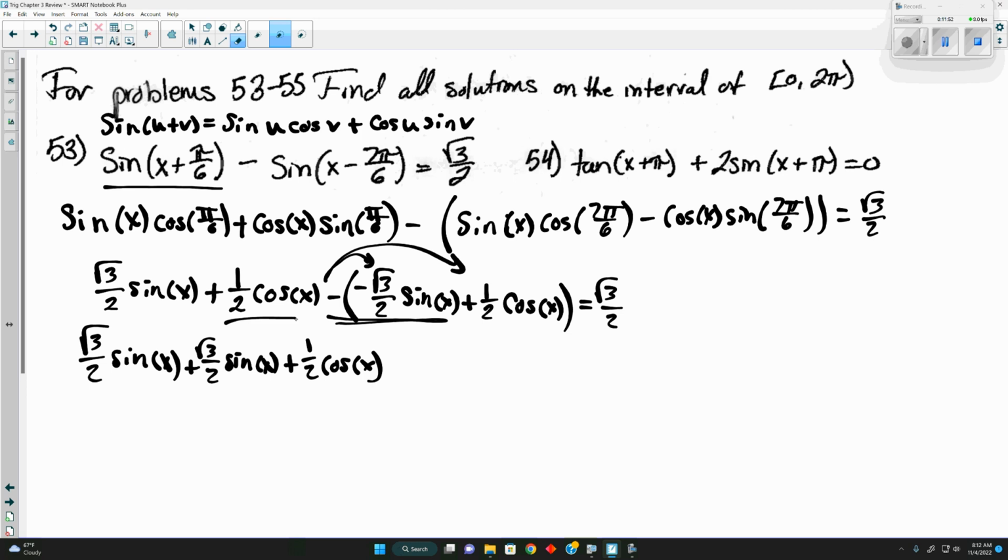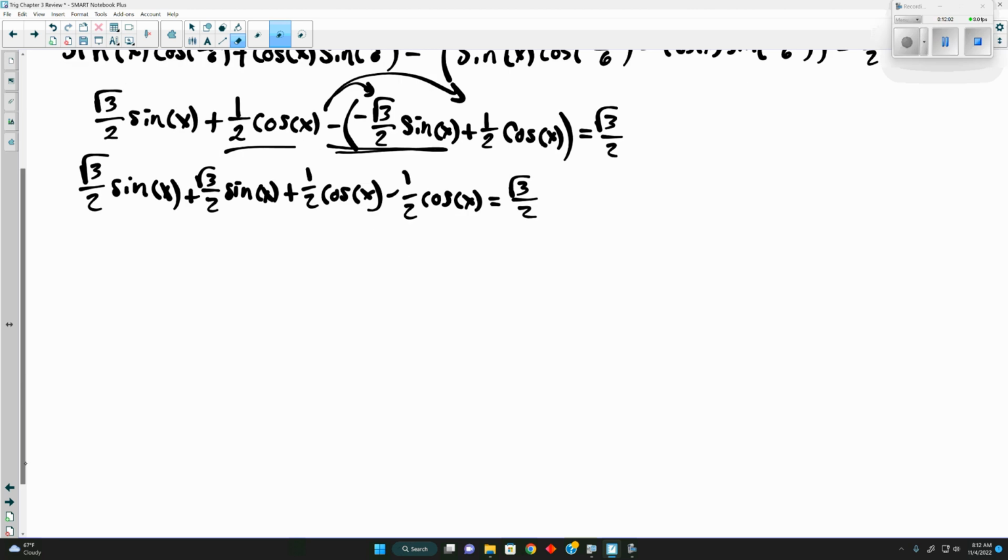Well, the negative times the positive is going to make it negative 1/2 cosine of x is equal to square root 3 over 2. Wait a minute. What happens to these two here? These are 0. They're gone, because 1/2 minus 1/2 is 0. So it's gone. Now over here, we are going to have sine of x.